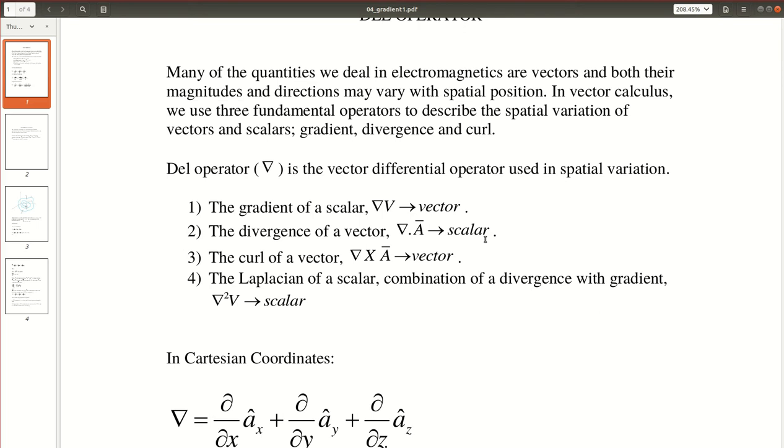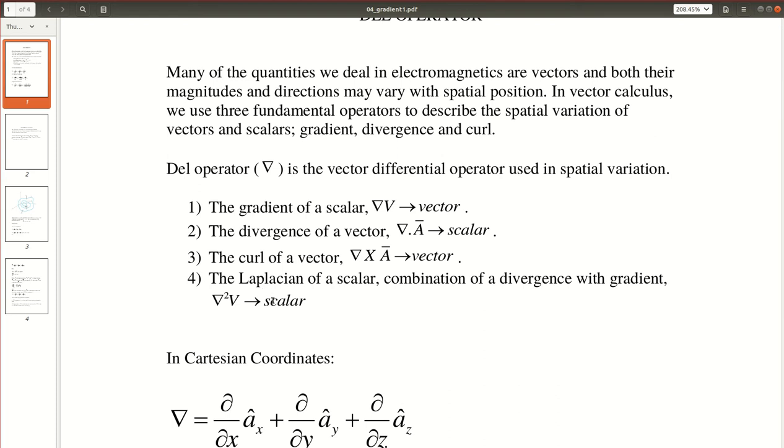The curl of a vector is del cross A. This is the notation you should have: without dot for the gradient, with dot for the divergence, with cross for the curl. The result of this calculation is a vector. The last one is the Laplacian. The Laplacian of a scalar is a combination of divergence and gradient, which again gives you a scalar.